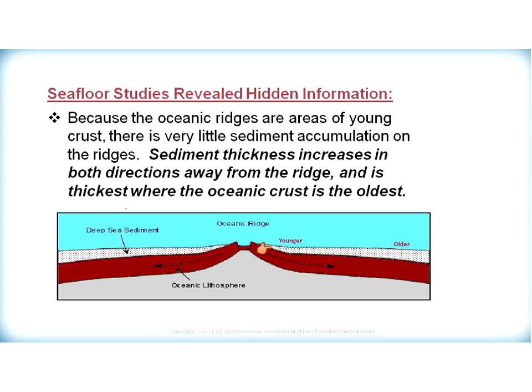As we move away from the ridge itself, we notice that the thickness of the sediment also increases. So therefore, sediment thickness will increase in both directions the farther we move away from oceanic ridges.